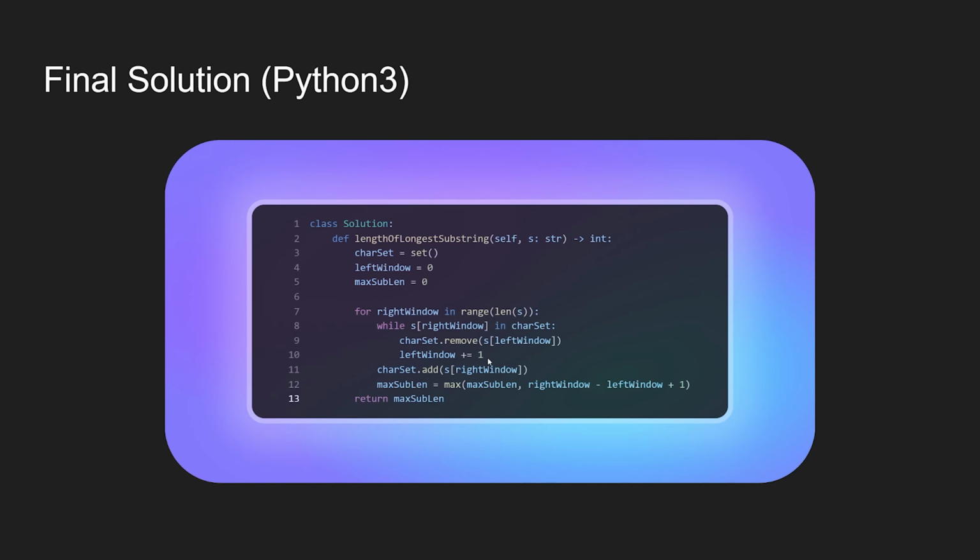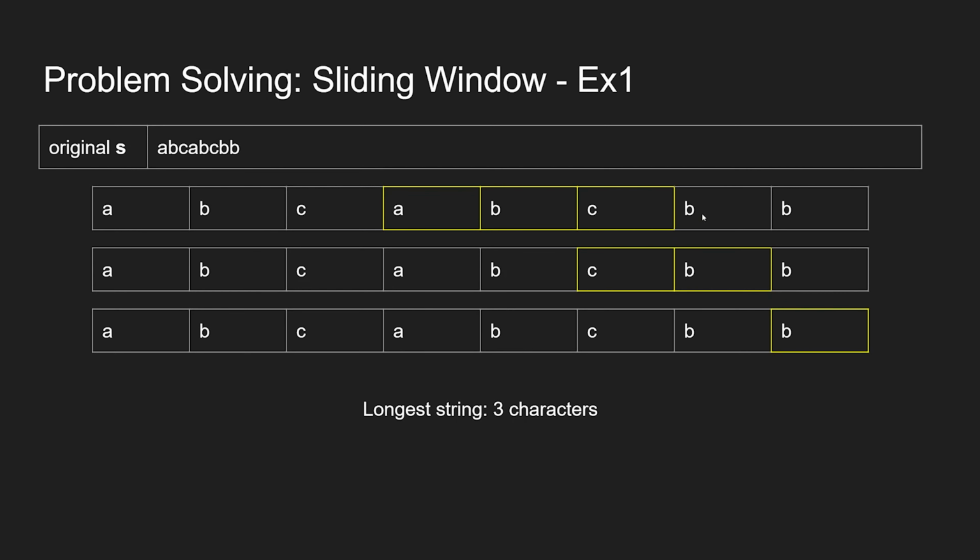This is basically sliding the left window edge closer to the right until it drops the repeated character. And then we add it again. So when it recognizes this B, it drops A, then the while loop triggers again and drops the B, then the while loop finishes and we add the B again.